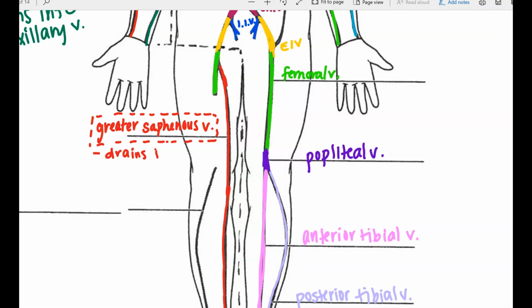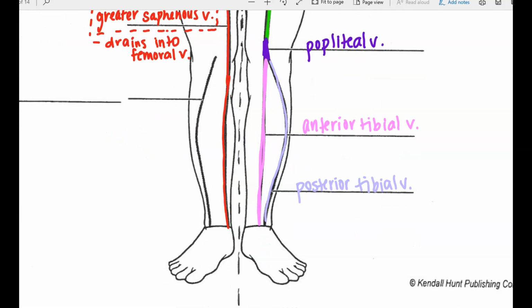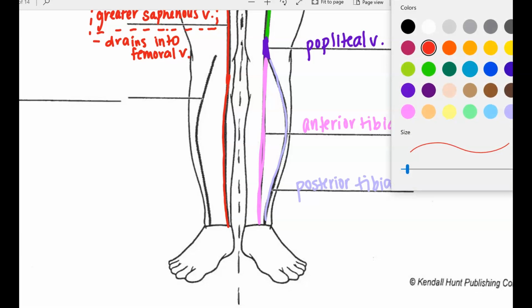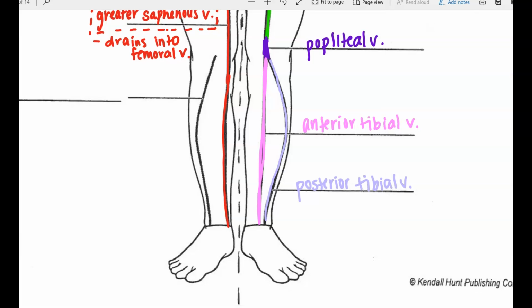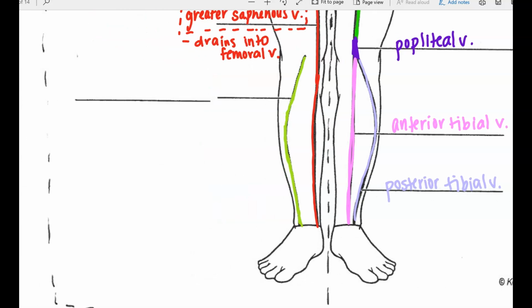Drains into femoral vein. Okay. And this is also the vein that they take out in order to do bypass surgery. Next we have our lesser saphenous vein, and that is going to be found coursing closer to the lateral side of our lower extremity, but it will also course posteriorly and drain into the popliteal vein.